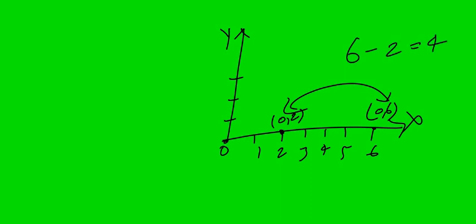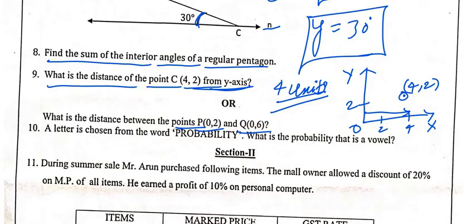So this point will be (0, 2) and this point will be (0, 6). Simply, distance is asked, you can see 6 minus 2 is equal to 4 units. Either way, you can check here, 1, 2, 3 and 4. So 4 units will be our answer.